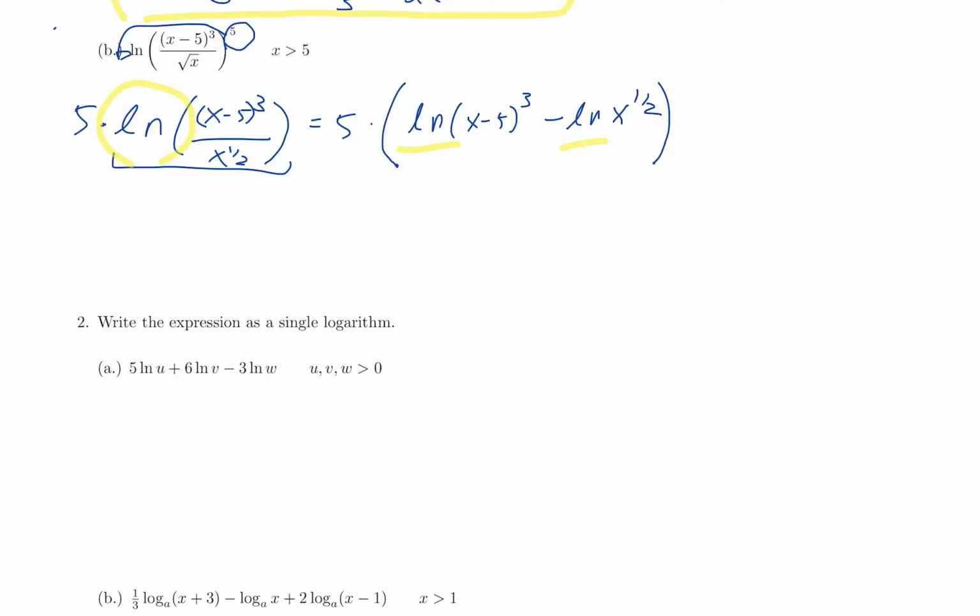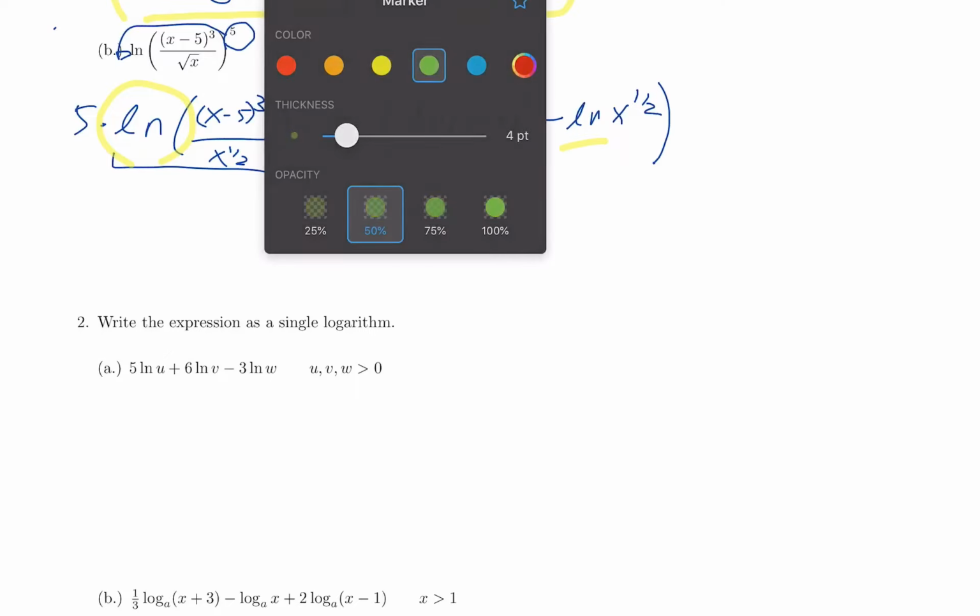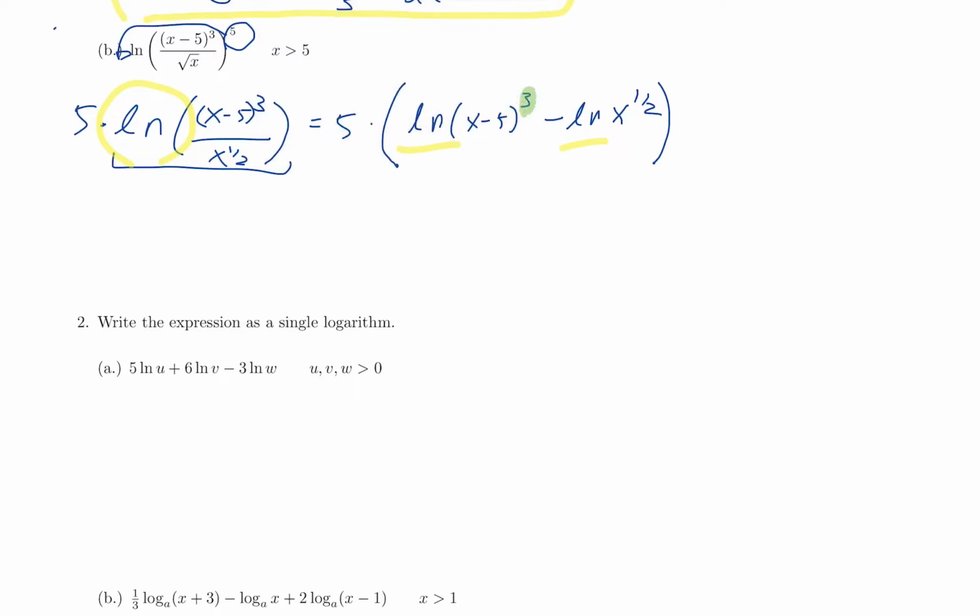Now we have to rewrite it as exponent, as a factor right here, and half go right here. So we have 5 parenthesis 3 ln x minus 5 minus half ln x.